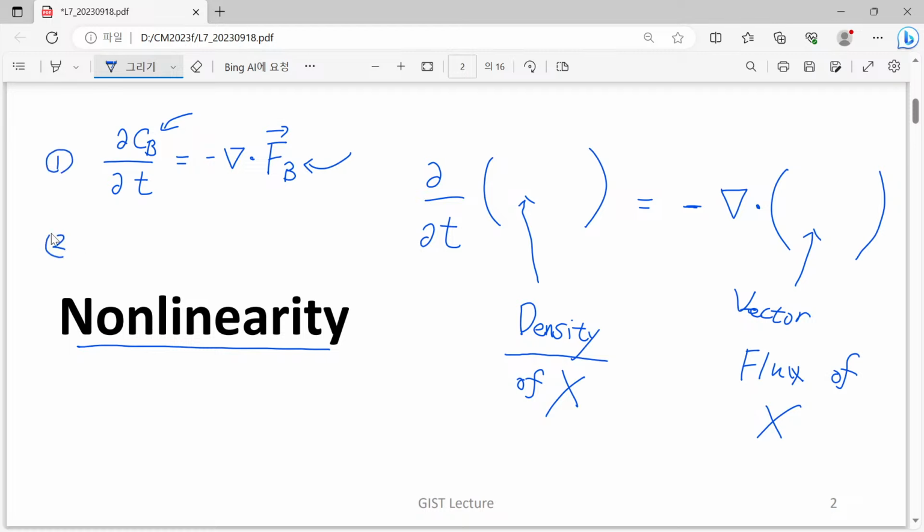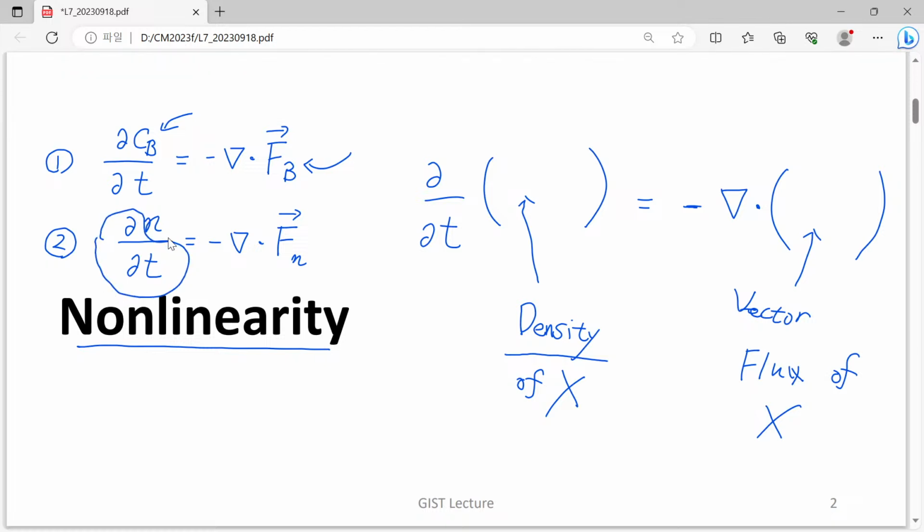However, we also want to solve another one, like electron. In the case of device simulation, what we solve is simply this form: minus the flux of electron. Let me just read it. The time derivative of electron density is determined by the flux of our electron.